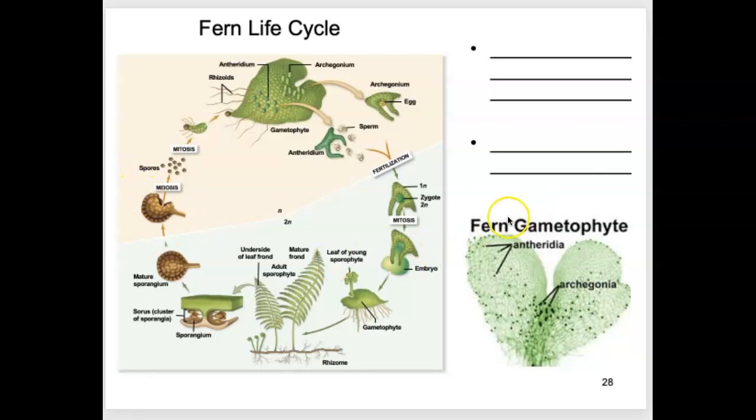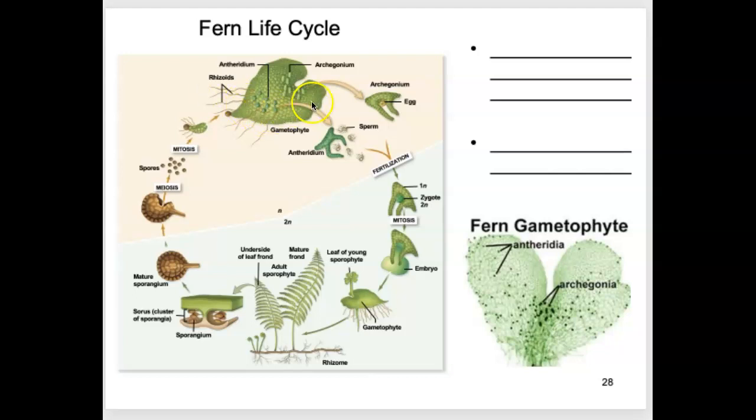Here's a gametophyte. Let's start there. The fern gametophyte. It germinates, grows. It's going to have these little rhizoids, root-like structures. Rhizoids are not true roots. They're going to help absorb some nutrients and some minerals, but not what we would classify as a fully true root structure.